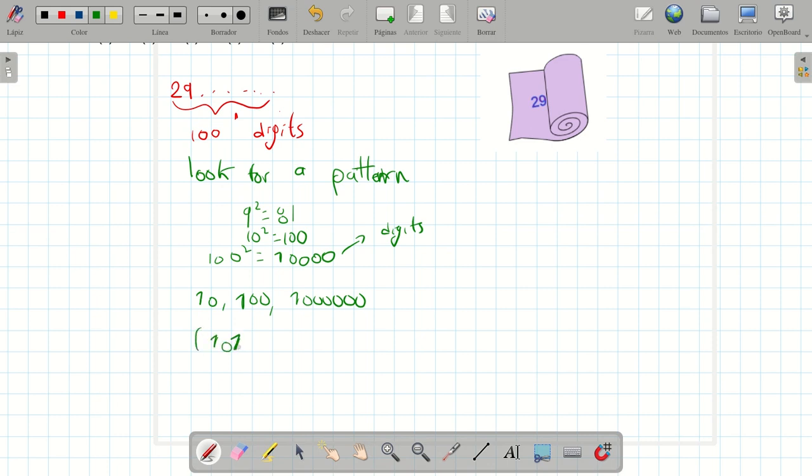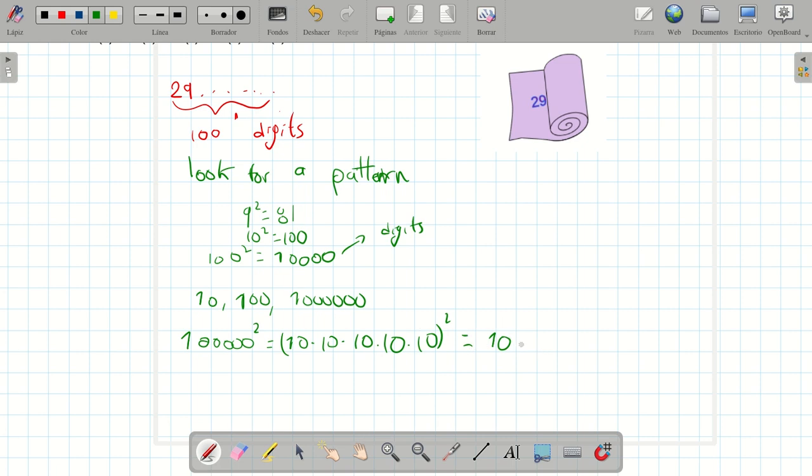We want to see it clearly. This number is 10 times 10 times 10 times 10 times 10, that is 1, 2, 3, 4, 5 times 10. If we square this number, because we know that 10 squared is 100, we just add a 0 for every 10.